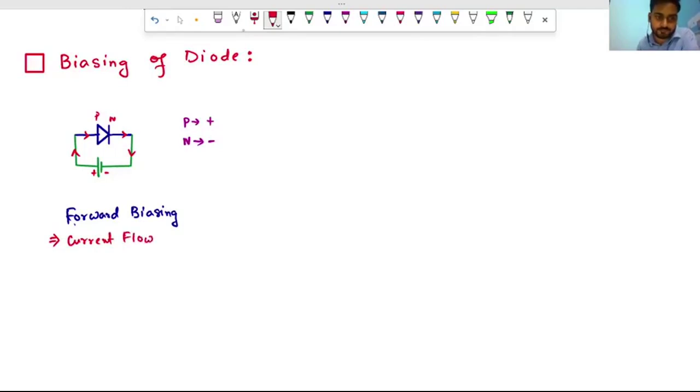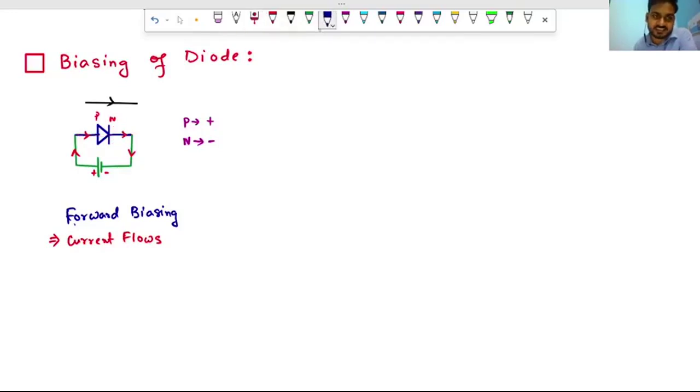See, the symbol is so chosen that the current is flowing like this, and here we can see the arrow. When a current will pass, it will pass through the arrow.